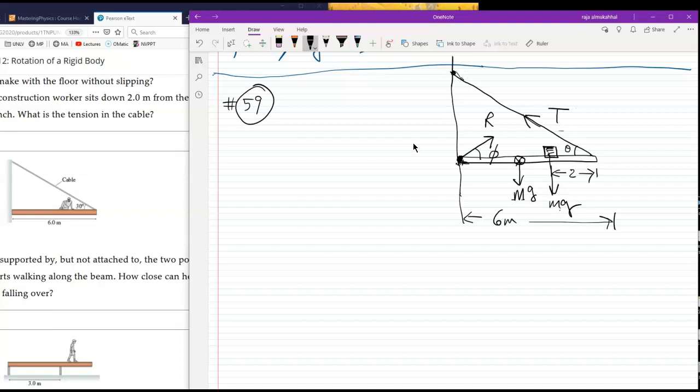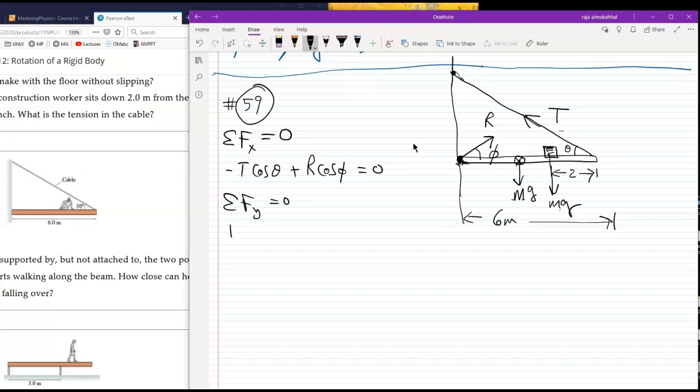Well, let's see. So I'm going to be innocent about it. Okay, let's say the sum of the forces in the x direction equals 0. What are they? Basically it's going to be minus T cosine theta, correct? Plus R cosine phi equals 0. Yes? Okay. The sum of the forces in the y direction equals 0. What are they?